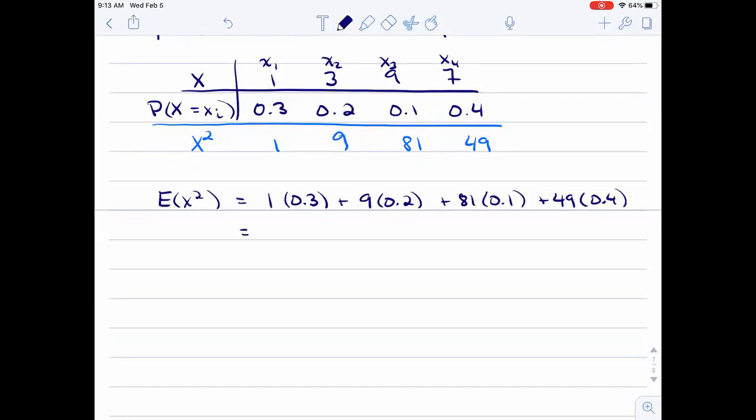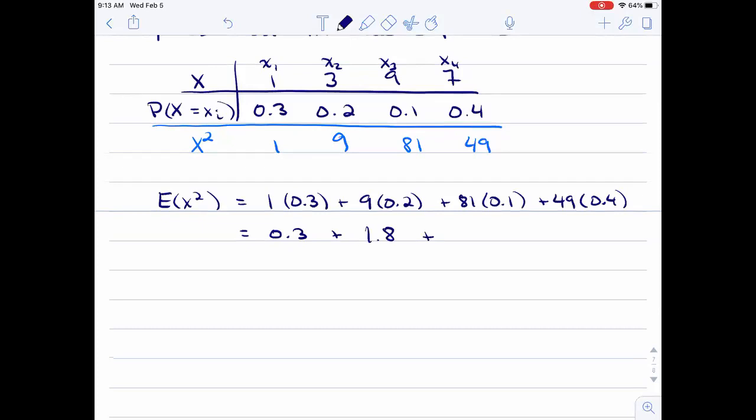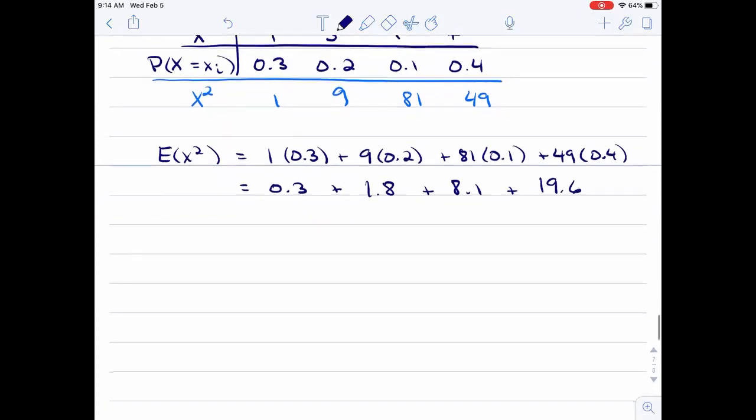Which is going to be 0.3 plus 9 times 0.2 is 1.8. 81 times 0.1, 8.1. 49 times 0.4, 19.6. If I add these up, 0.3 plus 1.8 plus 8.1 plus 19.6, I get 29.8.